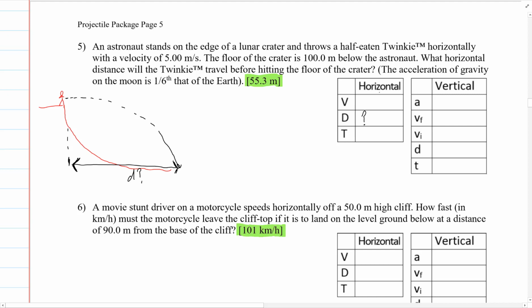So he does throw it at 5 horizontally. Again, we're emphasizing that it is horizontal, so 5 meters per second. The acceleration is 1/6 of 9.8. The initial vertical speed is 0. Landing on the floor of the crater 100 meters below. So it's 100 meters.